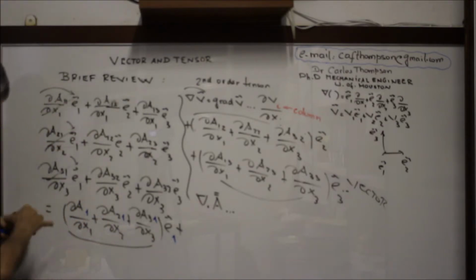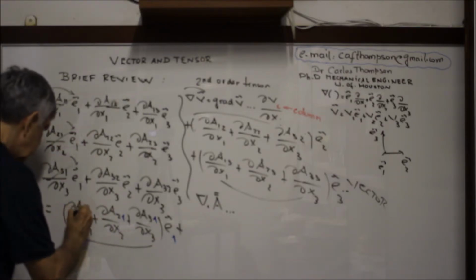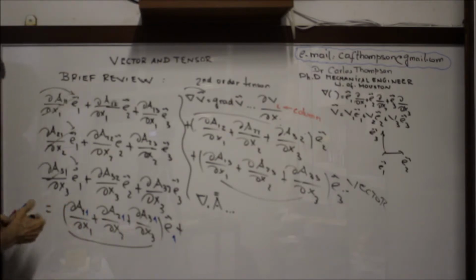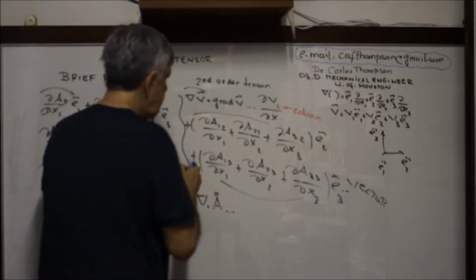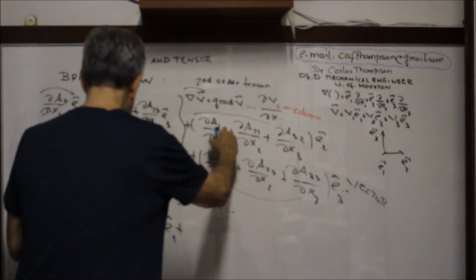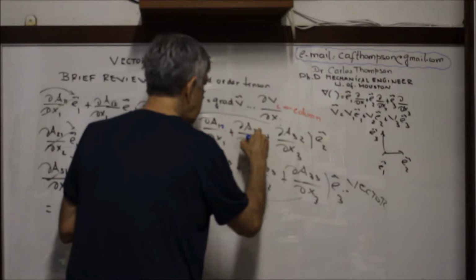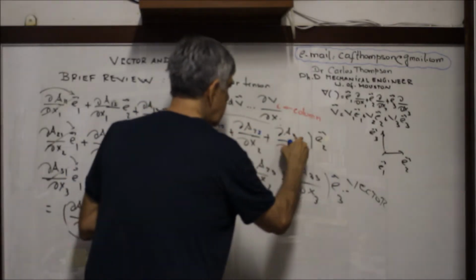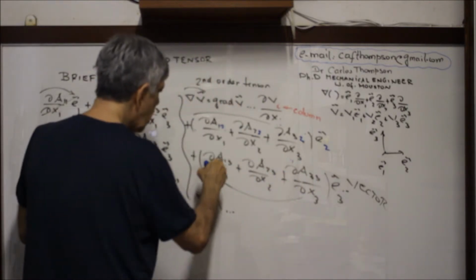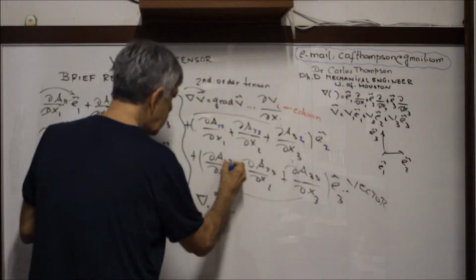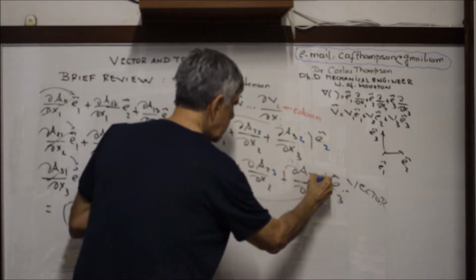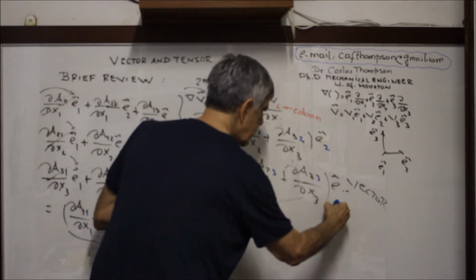Look at the blue one: this is 2, 2, 2, and 2. Here, 3, 3, 3, and 3.